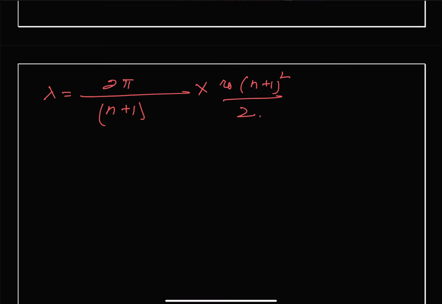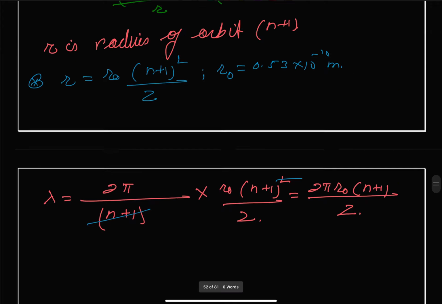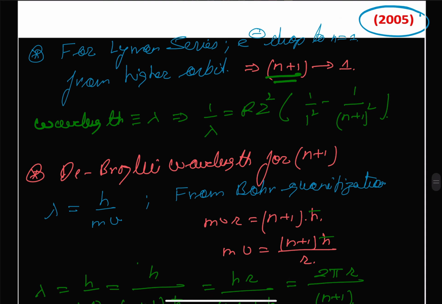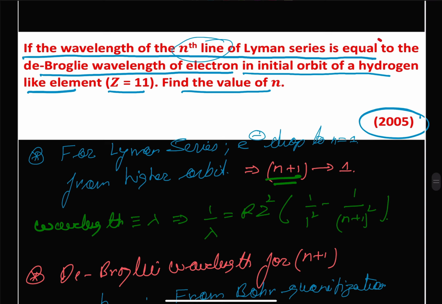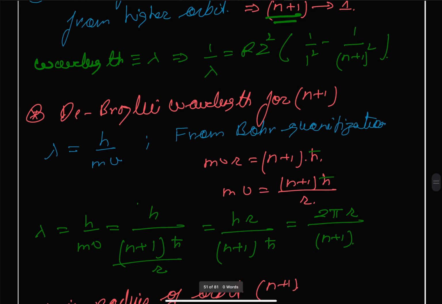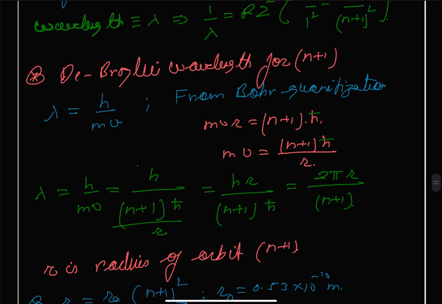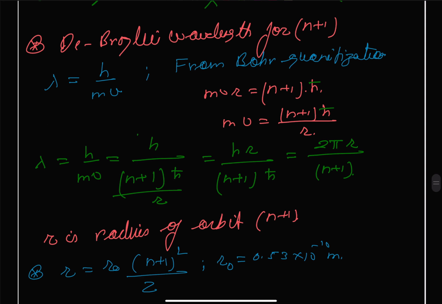And here this square goes by n plus 1, and this comes as 2 pi r naught n plus 1 divided by Z. And we are given that the wavelength of the Lyman series is equal to the de-Broglie wavelength. So let me make a change here, that our de-Broglie wavelength, let us suppose, is given as lambda dB.